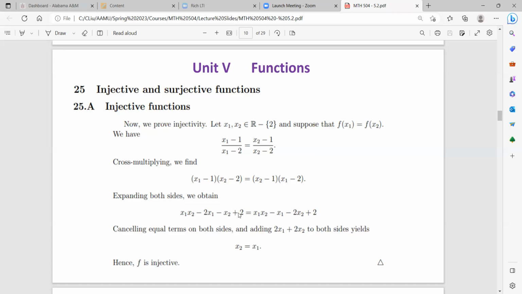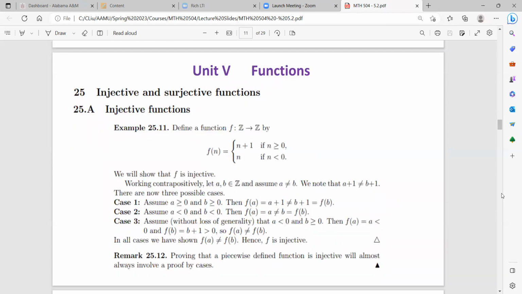So then you cancel x1 times x2 and cancel the 2, and then you just rearrange the terms and combine like terms. You put everything on one side, and what you end up with will be x1 equal to x2. Okay, so then this shows that the function is injective.